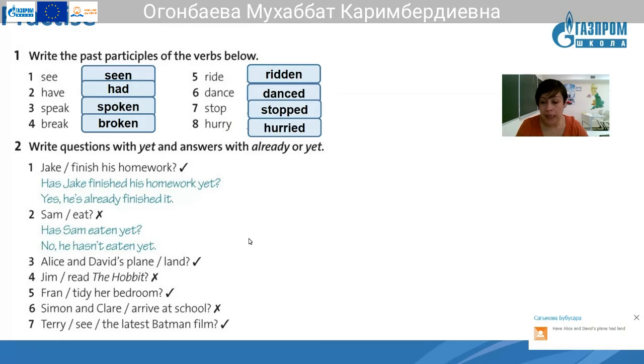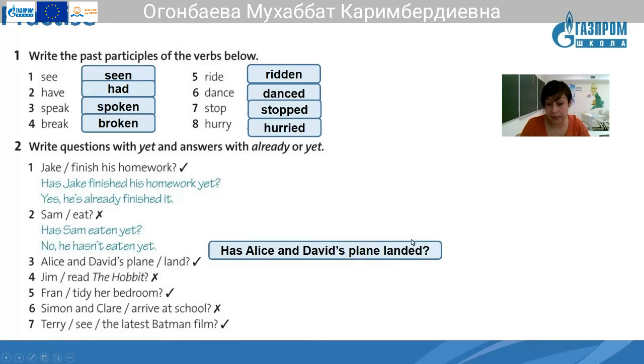Have Alice and David's plane had landed? Wow, that's an interesting structure. First of all, plane is third person singular, that's why we use has. Has Alice and David's plane landed? Landed is a regular verb, that's why we have ed.